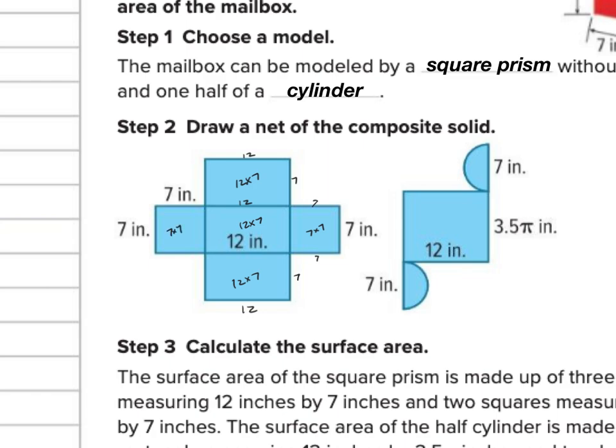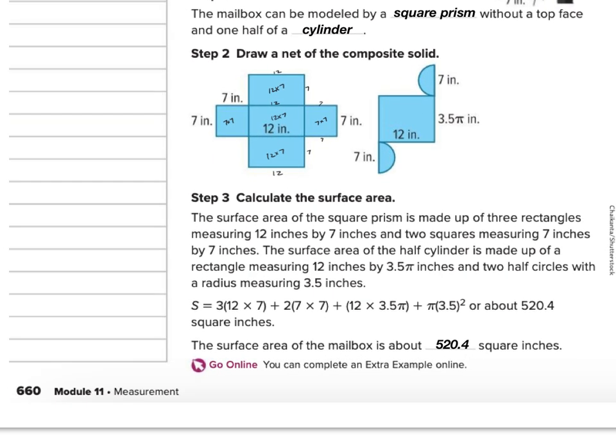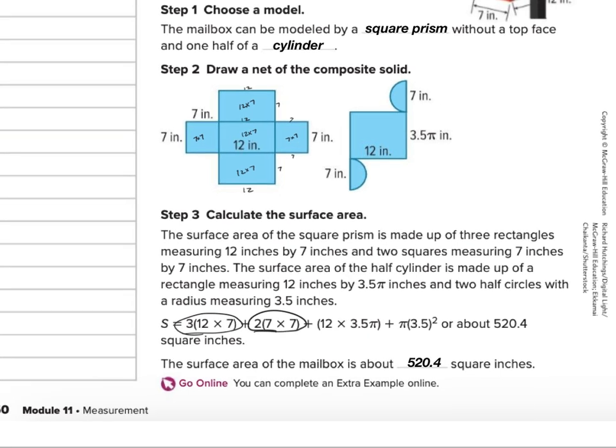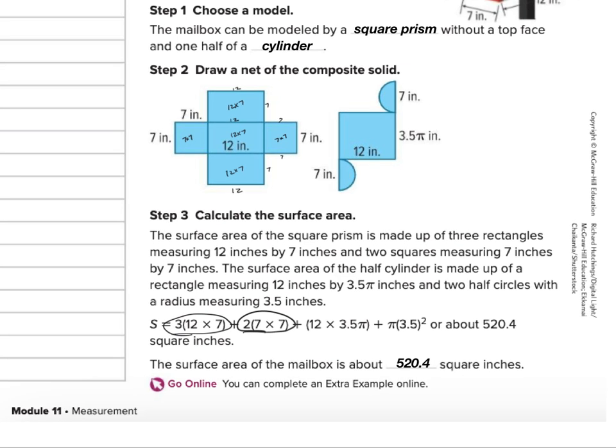I have 2 of those. So there's my 3 sides, my 2 ends, and then they turned around and find the area of a circle. So a half circle plus a half circle equals a whole circle. And then, again, length times width to come up with that.